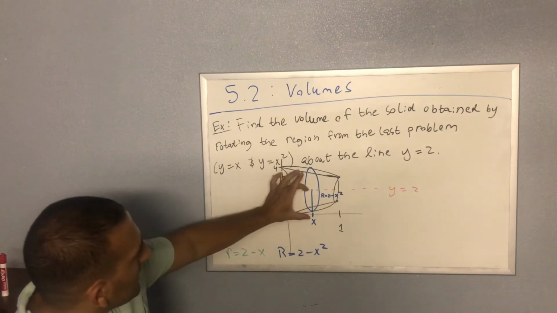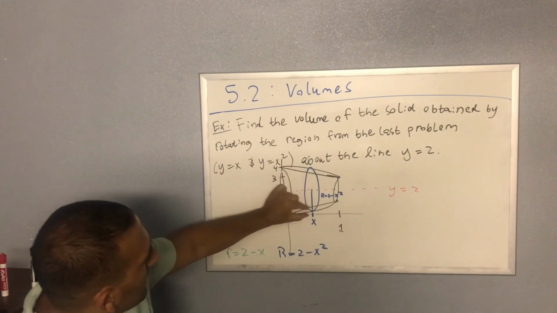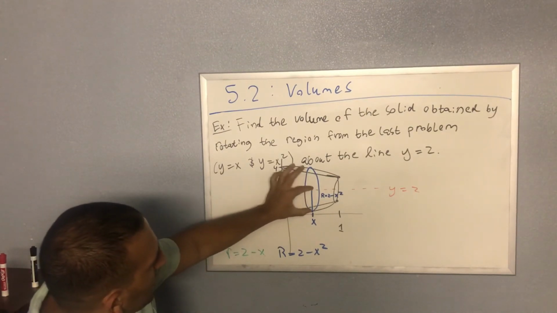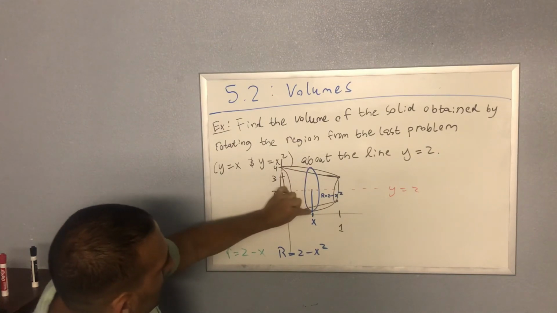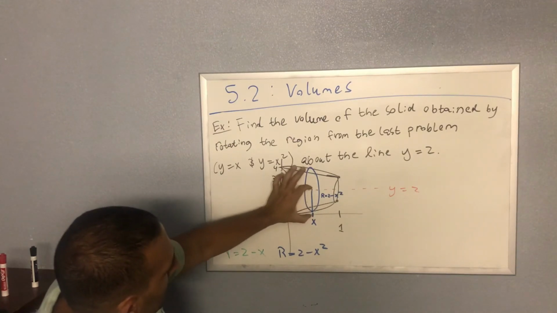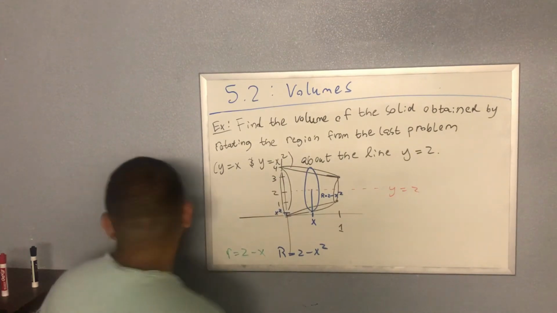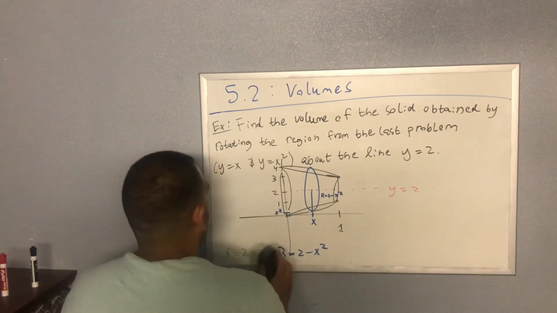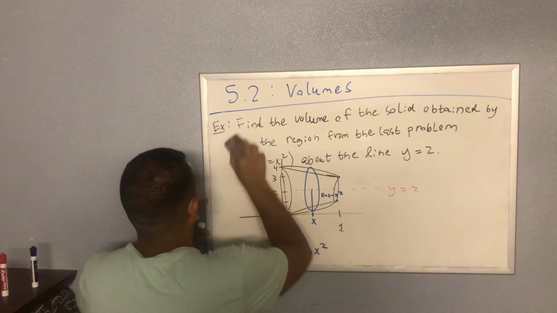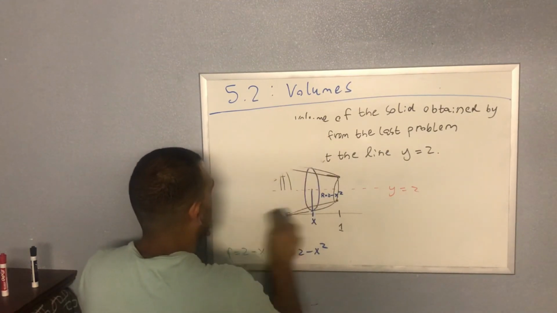So the entire distance minus this small sliver here, so you get that. That's the distance from the parabola to the line. So big distance minus that small one gives us what we want. Okay, and then now it's the same idea.